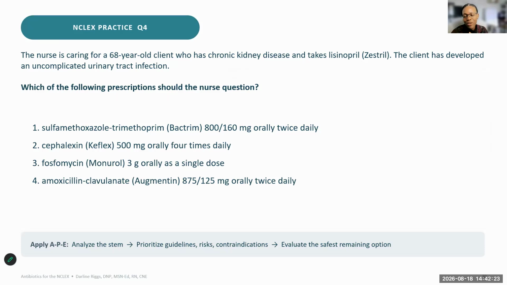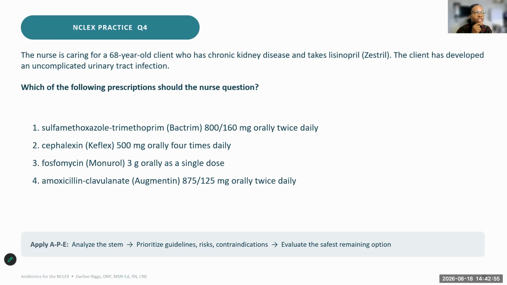So I just made up another question in my mind. If I were to switch this from questioning to the best medication here, then it would be the Augmentin. But the question is asking us what we're questioning. We're questioning the Bactrim. Okay, so we're going to question that. The safer drug would be your cephalexin, and then your Augmentin, and then your fosfomycin. They're all appropriate.